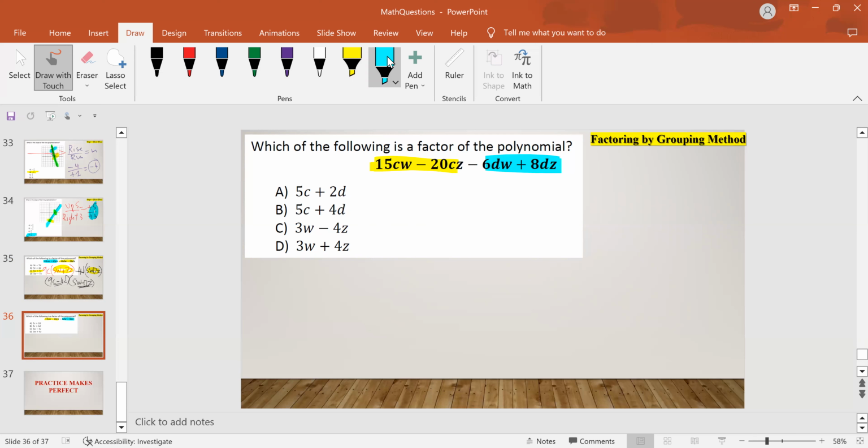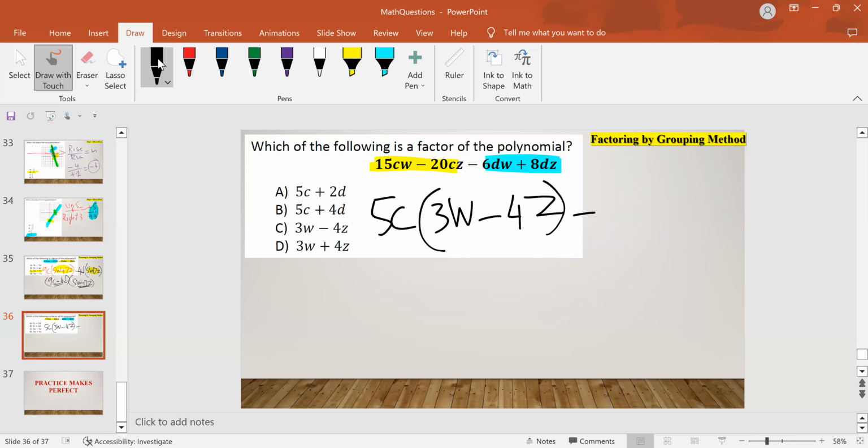So this is telling you that you're gonna have 5 as a common factor, and the c, okay, inside we have a 3w minus 4z minus, okay, common factor there, we're gonna have a 2d, parenthesis, we have 3w minus 4z.